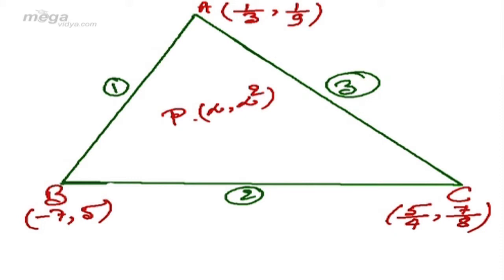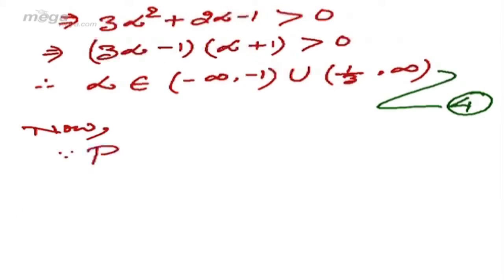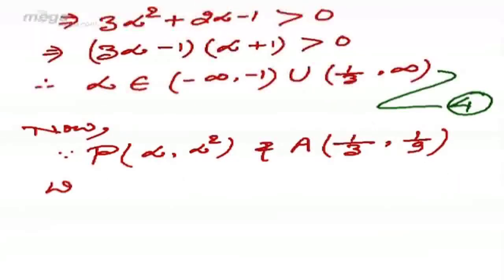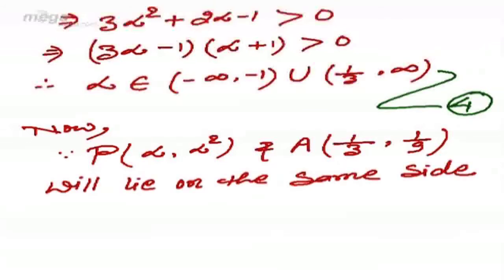Now we will consider the point P and the point A will lie on the same side of the line 2. So now since point P (alpha, alpha square) and the point A, which is (1/3, 1/9), will lie on the same side of line 2.